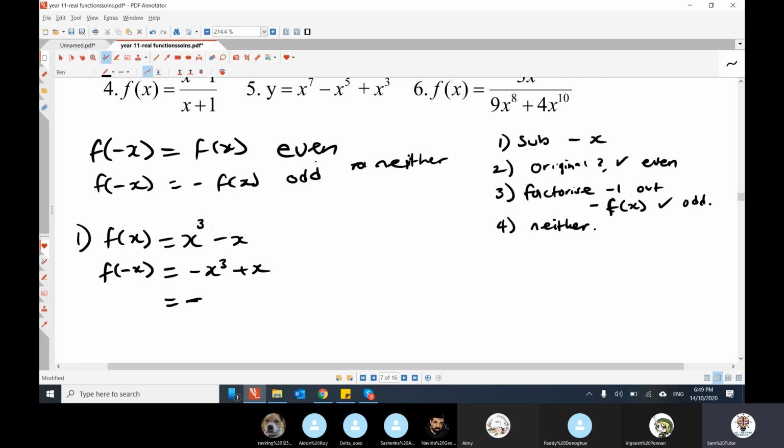If it's not even, it could be odd or neither, so don't always think if it's not even, it's odd. We factorize the negative out and you ended up with this. Is that the original? Yes. So then that's negative f of x, therefore odd. Good work. You got that right. Anyone have any questions?